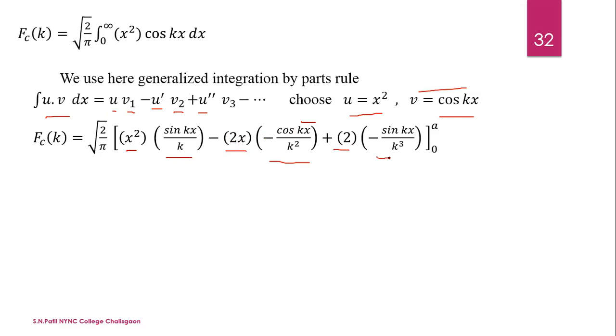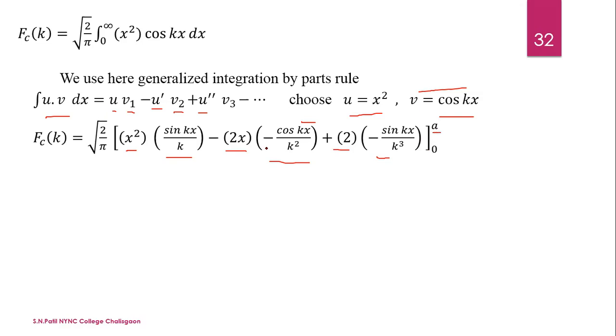Now next v3. V3 means integration of v2. That is, the integration of this bracket: keep the minus sign as it is, minus sine of kx. The derivative of kx is k and with the previous k square it is k cube. Now minus the derivative of 2, which is 0. Next terms are all 0. Now the limit is 0 to a.